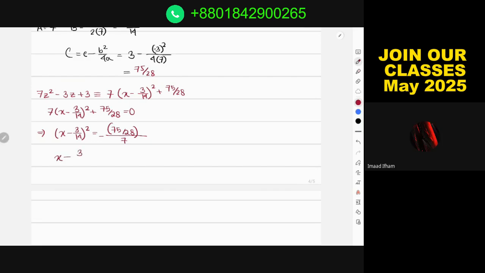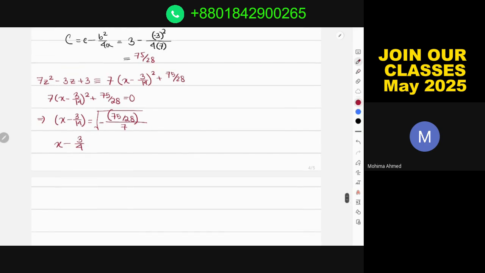Yeah, it's 75 over 196, minus 75 over 196. If we move that root to the right hand side, everything will be under the root. If you simplify this, you're supposed to get 75 over 196. Okay, sorry, made a mistake.